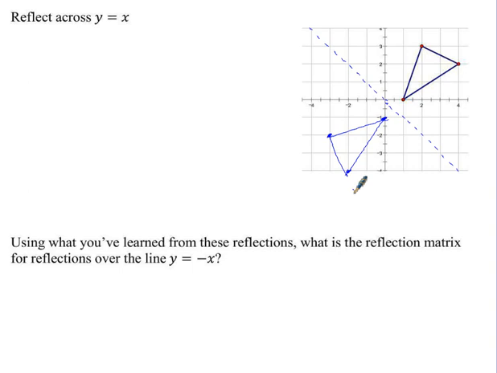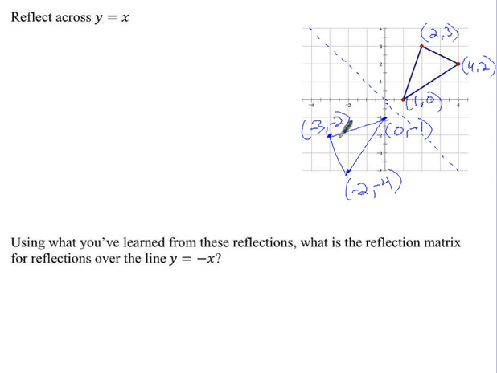What happens? The ordered pair here, (1, 0), becomes (0, negative 1). The ordered pair here, (4, 2), becomes (negative 2, negative 4). The ordered pair here, which was (2, 3), becomes (negative 3, negative 2).